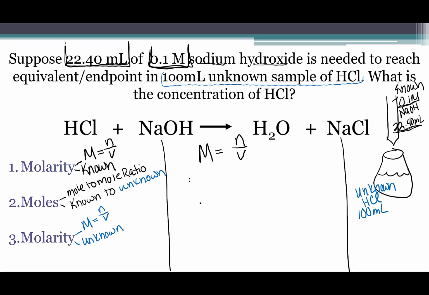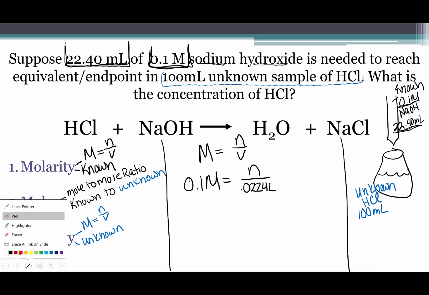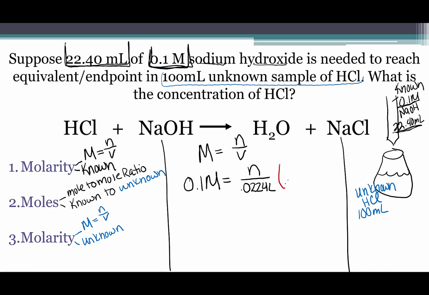All right, so we've got 0.1 molar. We've got N on the top, and we have 0.0224 liters on the bottom. So algebraic rearrangement, I'm going to multiply by 0.0224 to get that out of my fraction. Whatever I do to the right side, I also have to do to the left side. So we're going to multiply 0.0224.